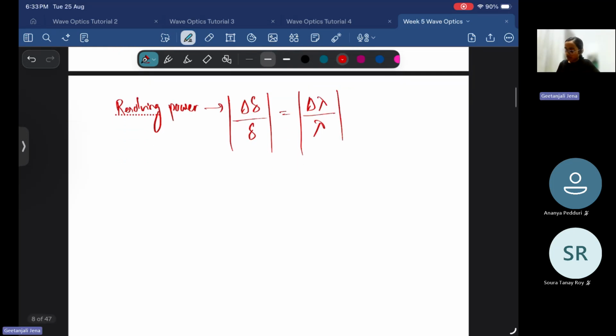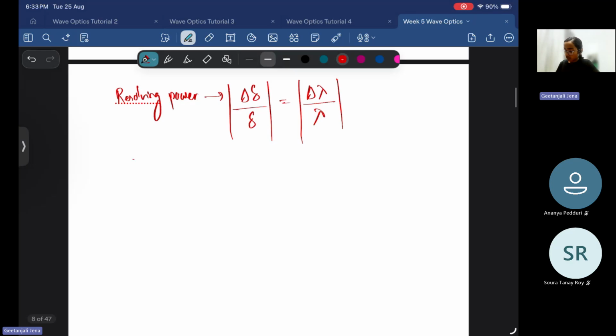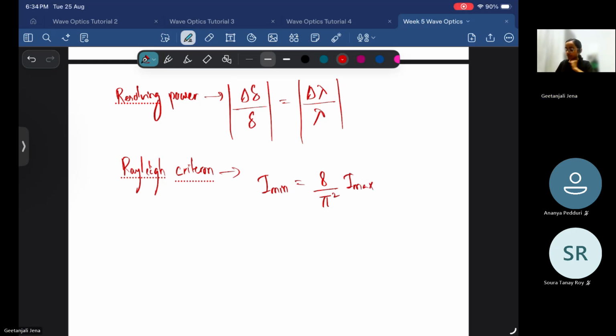And for this resolving power, we use the Rayleigh criterion to calculate the resolving power of this Fabry-Perot interferometer. If we recall, this criterion is given by I min should be equal to 8 by pi square I max.